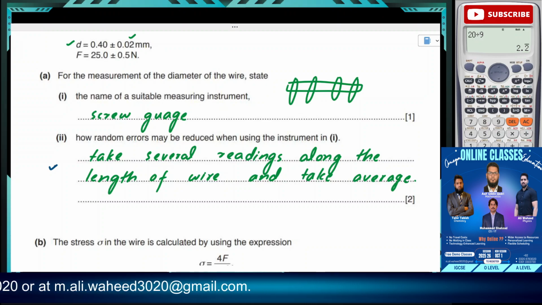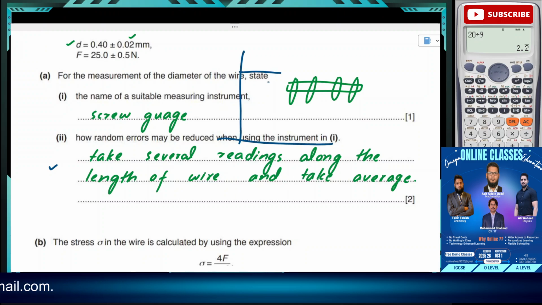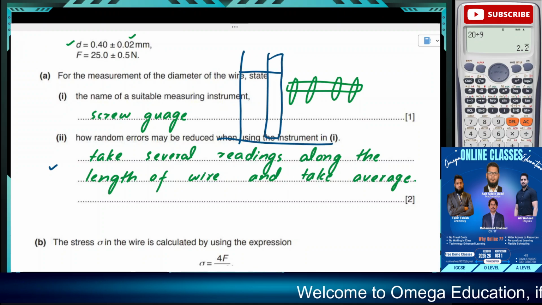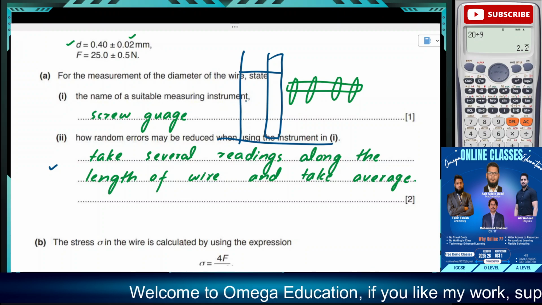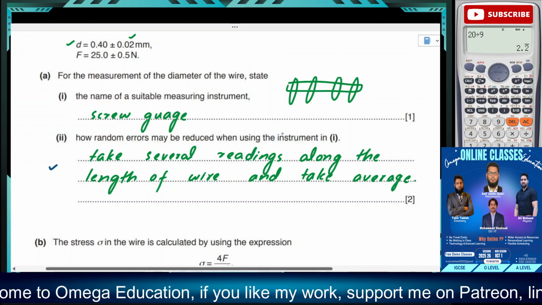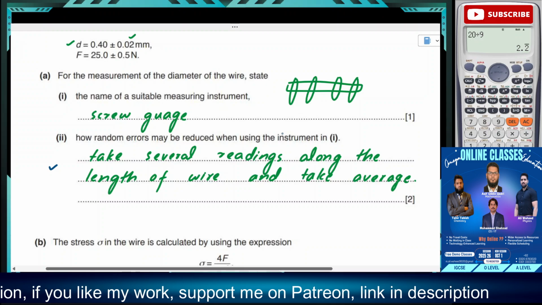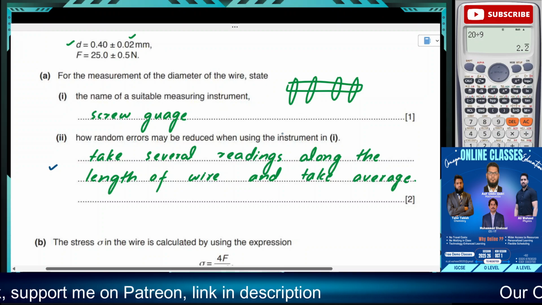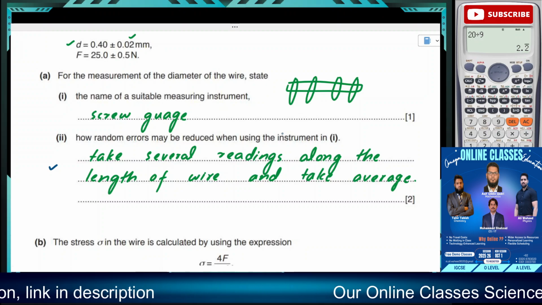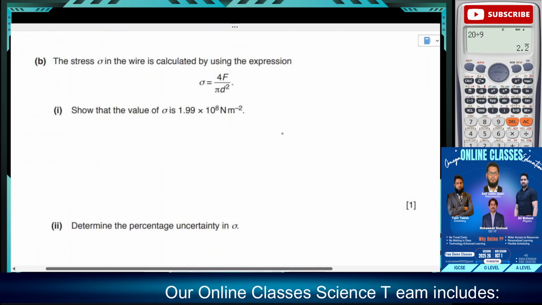When the scale is vertical, you have a stand here and the scale is placed like this. In that case, there is a chance of parallax error. But for a horizontal thing and for the instrument which can move very easily, the chances are slim to none. Anyway, let's move on to the next one.